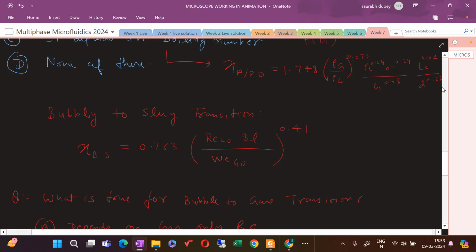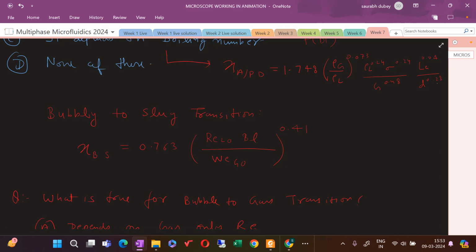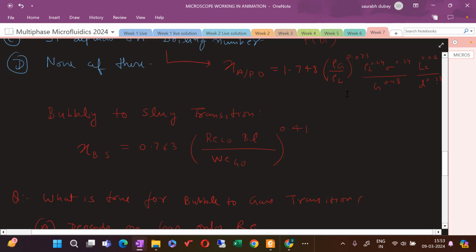Okay, nice. So that's all. So you see, this is the ratio on which it is dependent, and there is no boiling number.